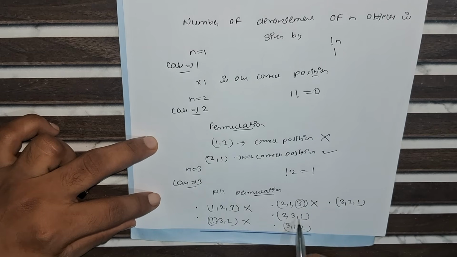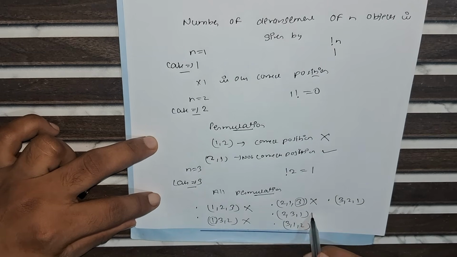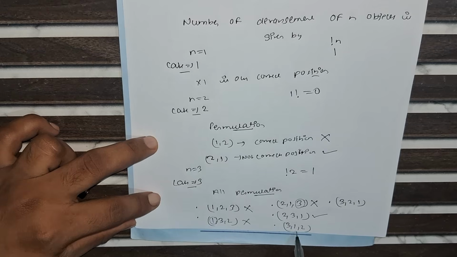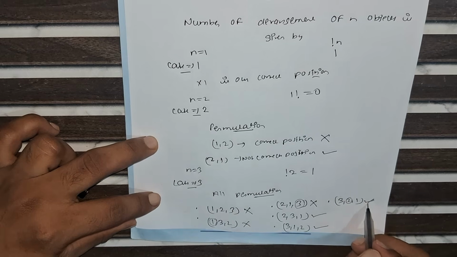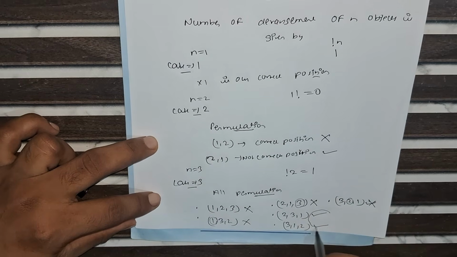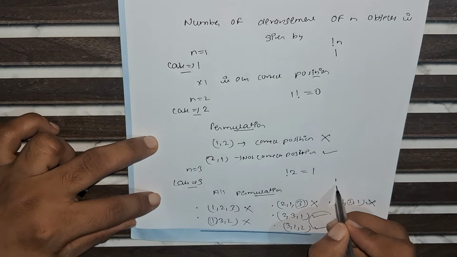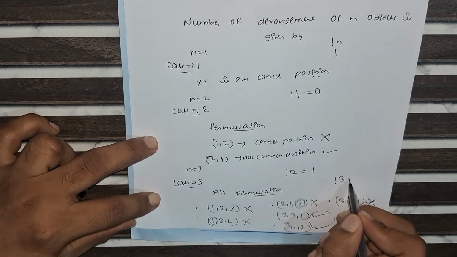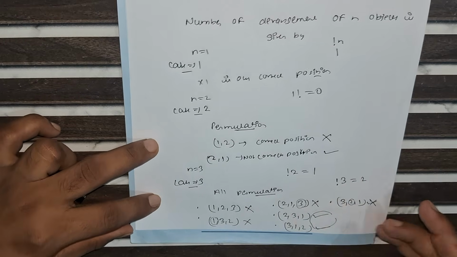In this, no one is in correct position, so we can include this one. In this also no one is in correct position, so we include this one. Same for this, 2 is in correct position, so we remove this one. So only 2 are there, so the subfactorial of 3 equals 2.